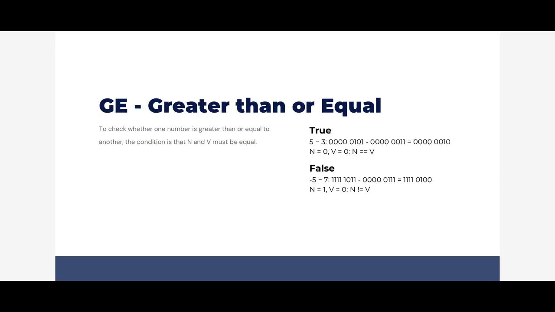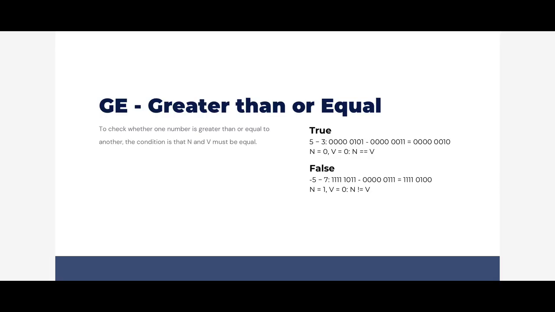As far as we know, we can't directly do comparison at the hardware level, and we do that with the help of subtraction. We subtract these numbers and we get a result. In the result, we have 6 zeros, 1, 1 and 0, which represents 2.